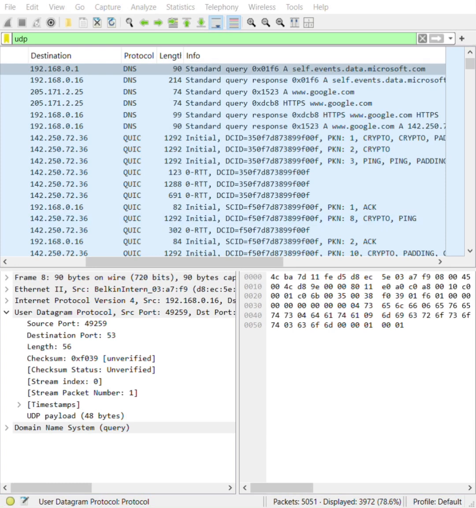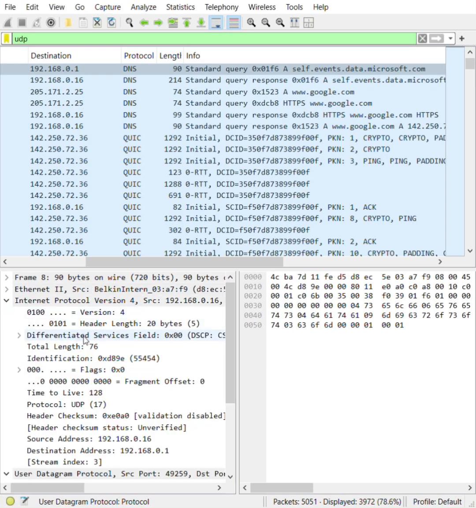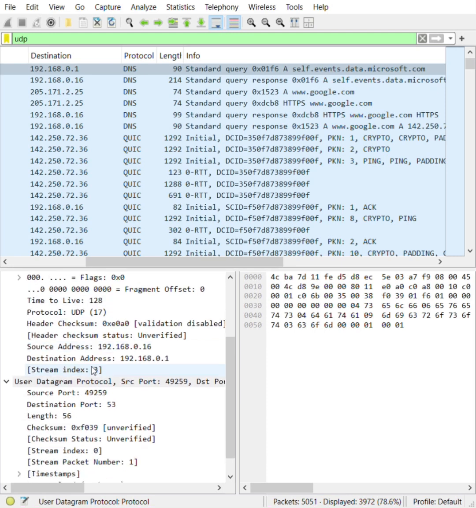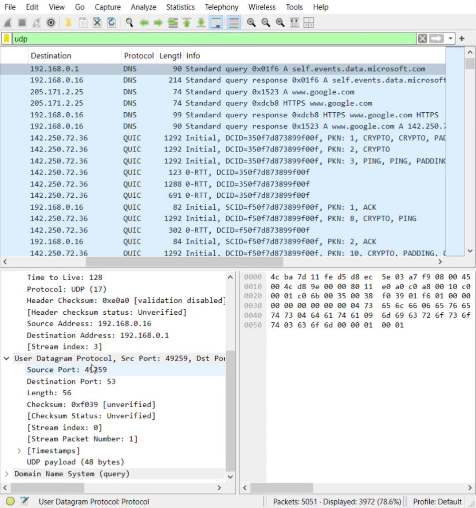Give your answer in both hexadecimal and decimal notation. To answer this question, you need to look into the protocol field of the IP datagram. So we can look here, the Internet Protocol, and what we're looking for right now is the protocol number in both hexadecimal and decimal notation.